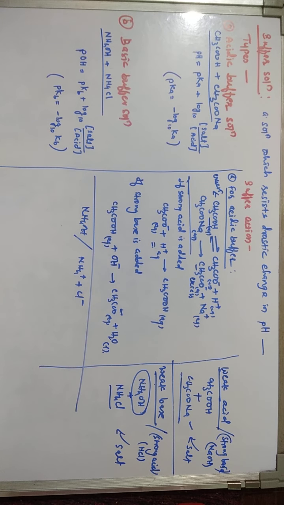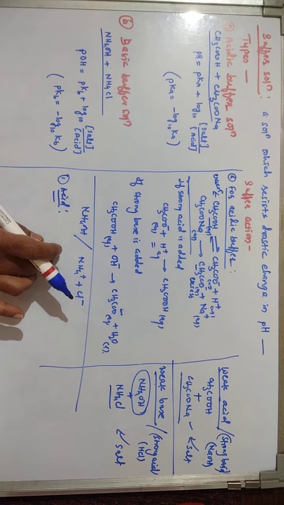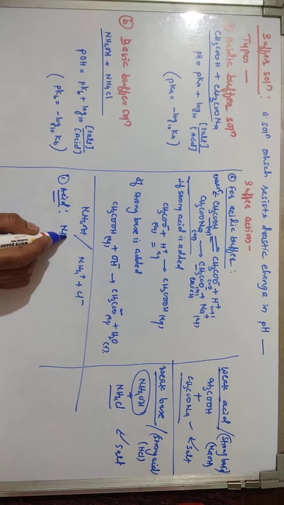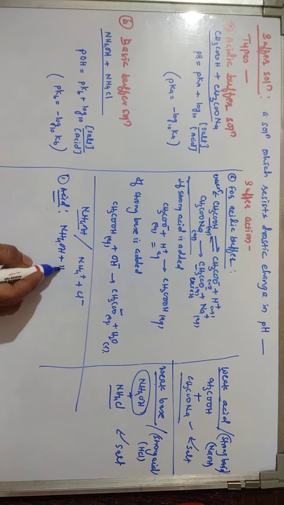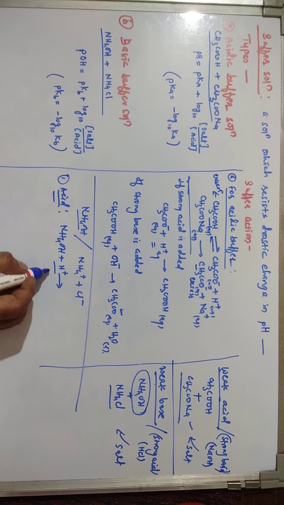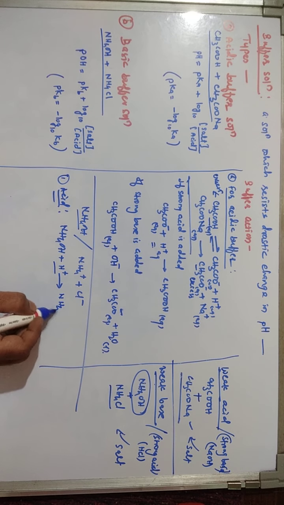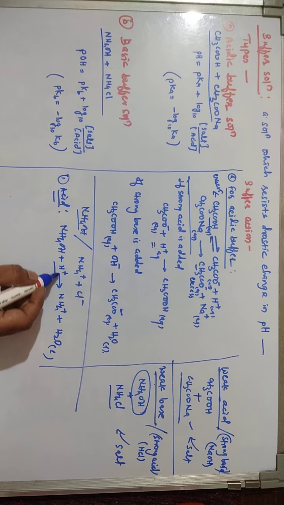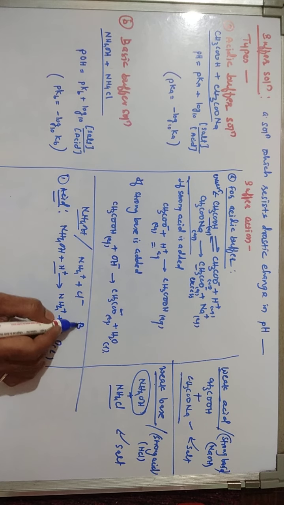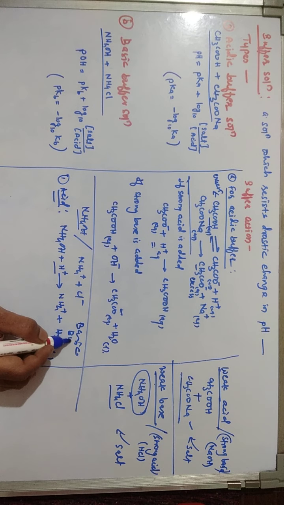If we add acid to this basic buffer solution, that means we are adding H plus ions. The undissociated NH4OH molecules use up the H plus ions from the strong acid added, forming NH4 plus and H2O. In this way, H plus ions from the acid are used up, and the pH is maintained constant.